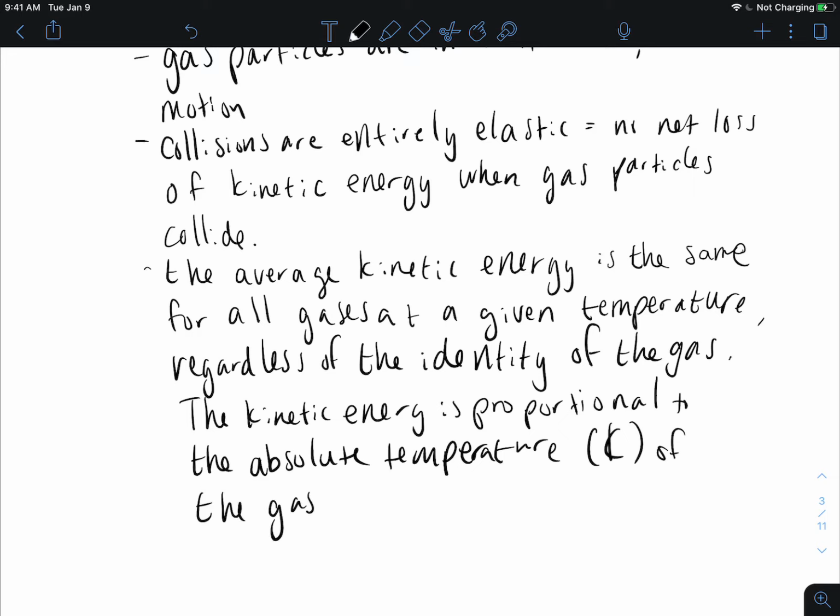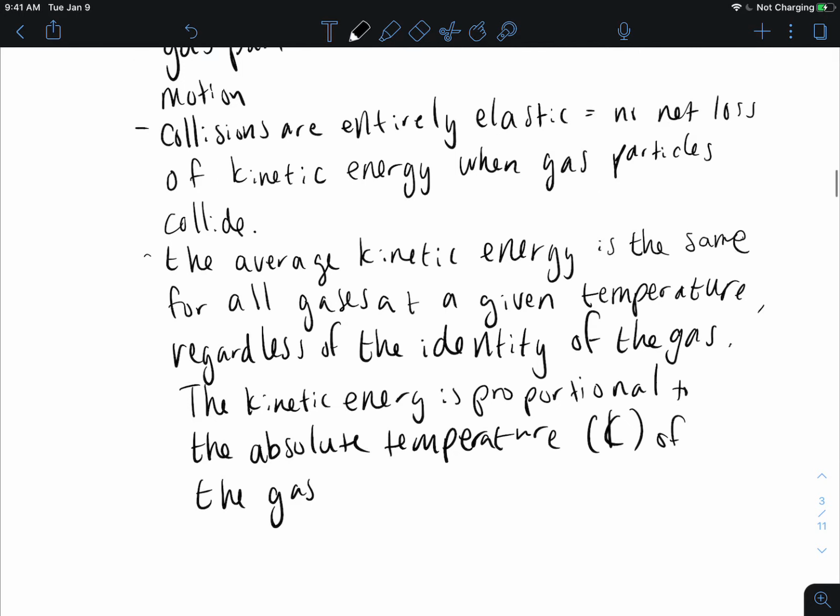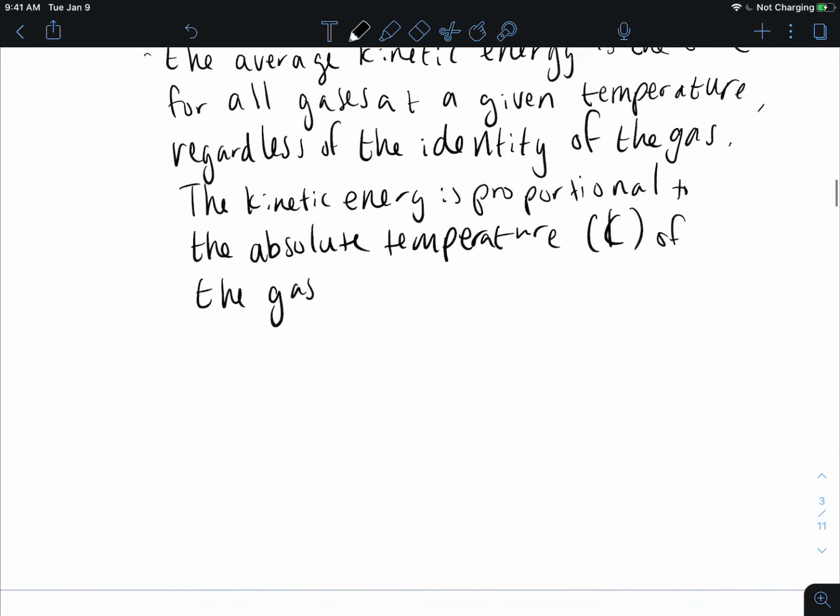Another reason why we must be in Kelvin is because we relate it back to that absolute temperature. So, our kinetic molecular theory of gases is what kind of brought about our gas laws. So it helps to explain what's happening on the molecular level.